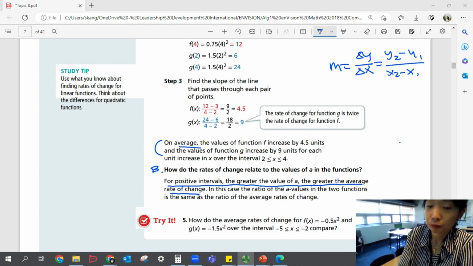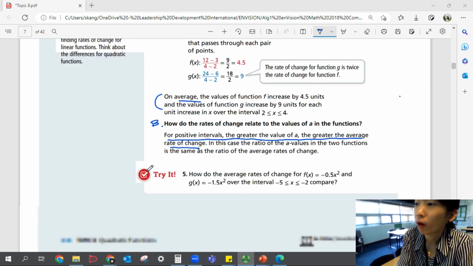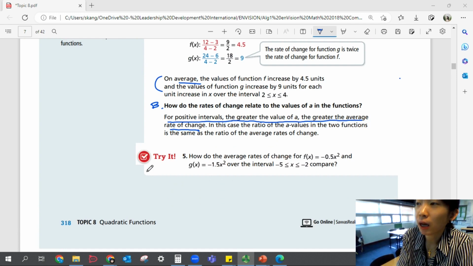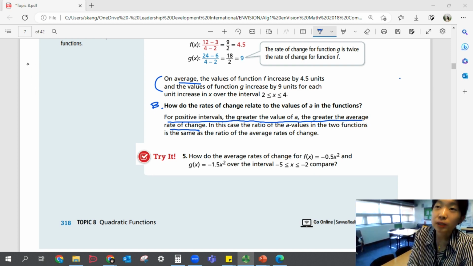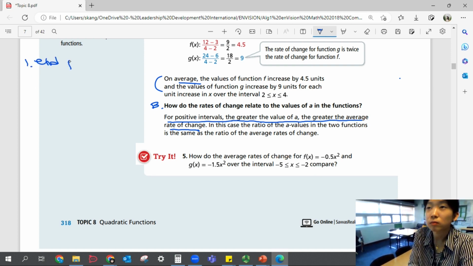Okay, are you done? So what is the first step? You want to figure out the endpoints, right? How do you figure out the endpoints? You can make a table of values, or you can literally substitute your values into your functions.